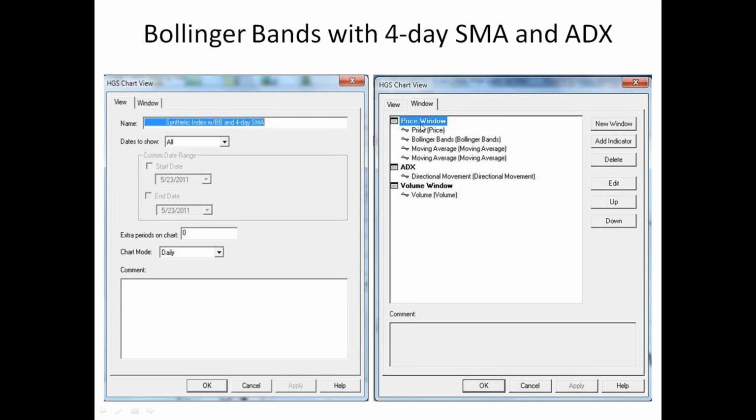New window for price. We've got price, Bollinger Bands, and 2 moving averages, and we'll see what they are in a minute. New window, click on ADX, and when you add your indicator, the directional movement, and then a volume window.